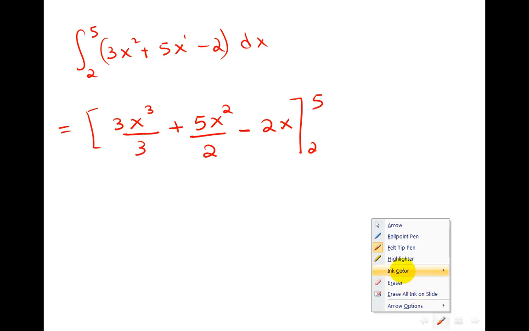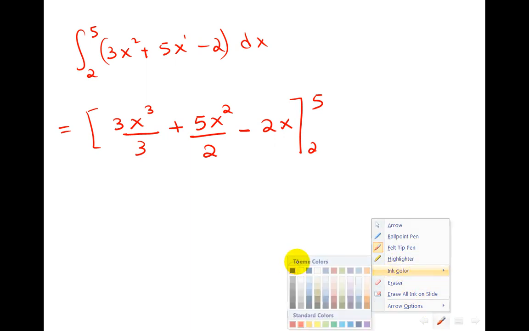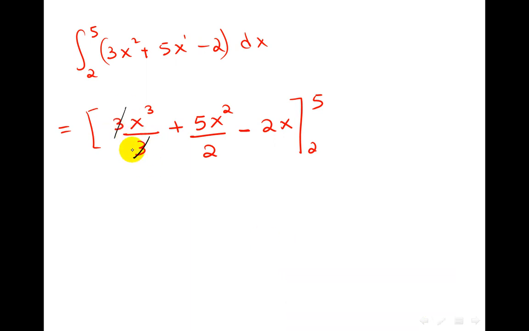There is something you can simplify here. The 3 will be simplified with the 3, so you can put the boundaries 2 and 5 for each and every one by itself. First I'll do this one, it will be x cubed. What's the value of x?